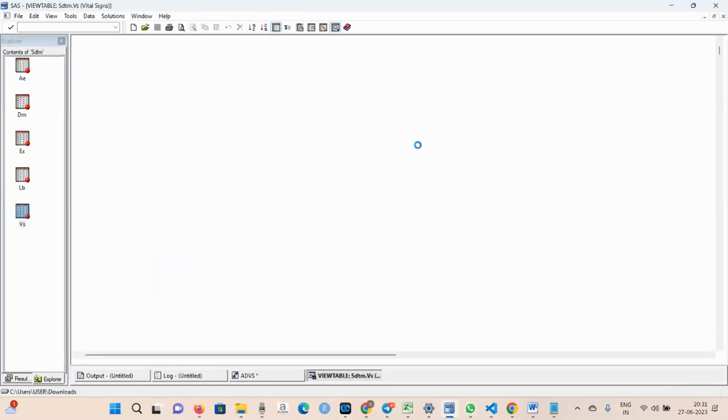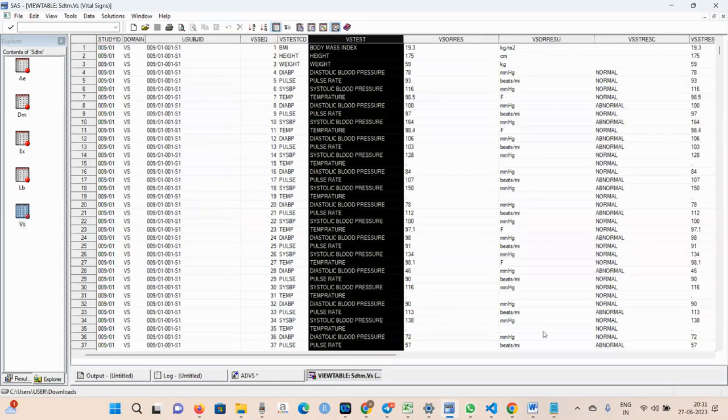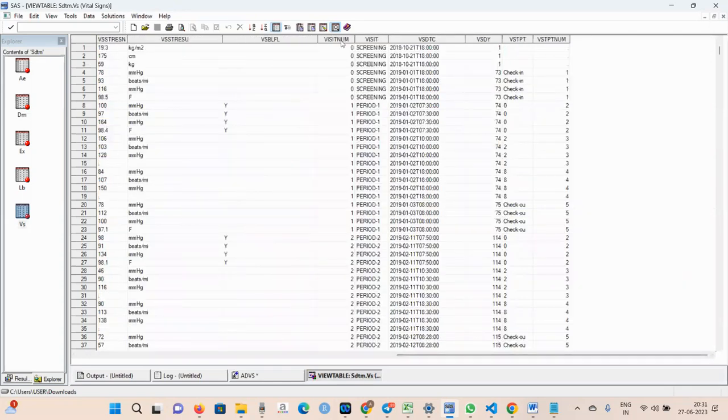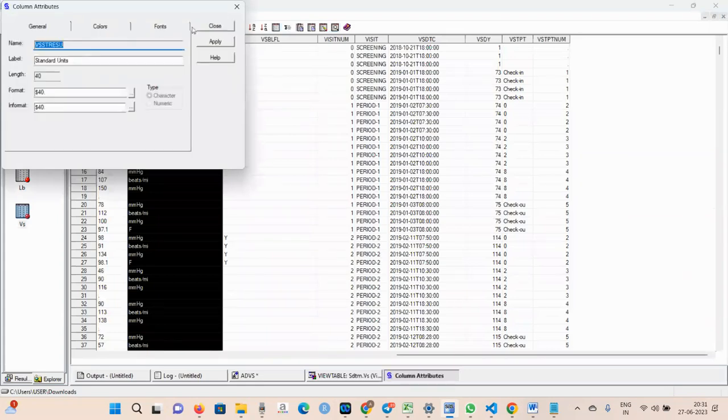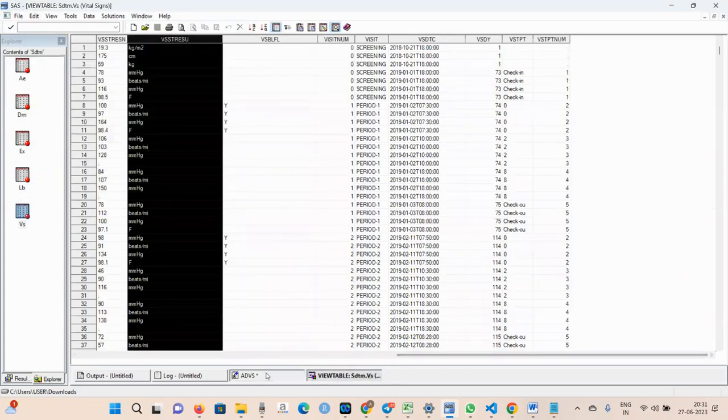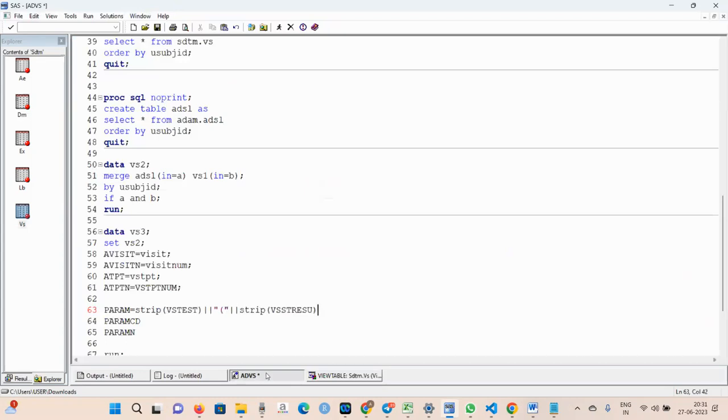So I'm taking the standard units, not the original units. So after this one, you have to close the parenthesis. Okay, that's the way you have to do the PARAM.